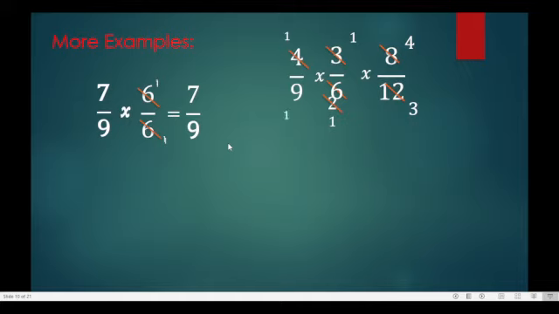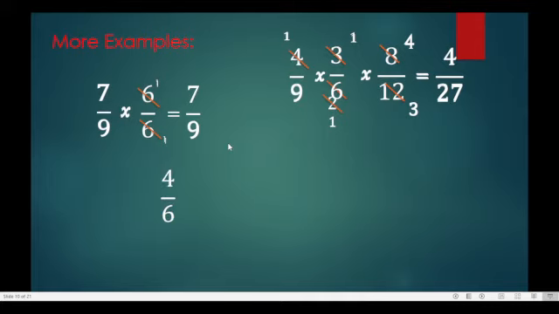So that is 1 times 1 times 4 is equal to 4. And 9 times 1 times 3 is equal to 27. So the final answer is 4 over 27. We can no longer express that into lowest term because we already canceled the number.